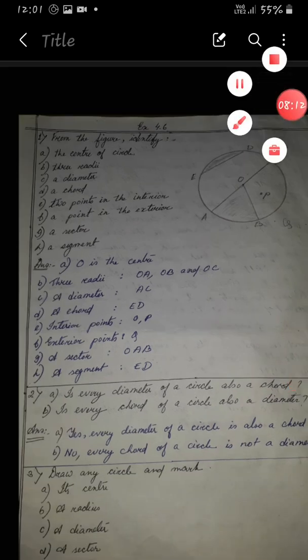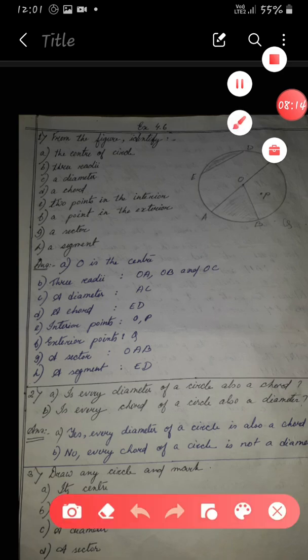Which is a diameter here? The diameter is AOC. We can say it AOC or AC directly. Then a chord. So AC is also a chord.